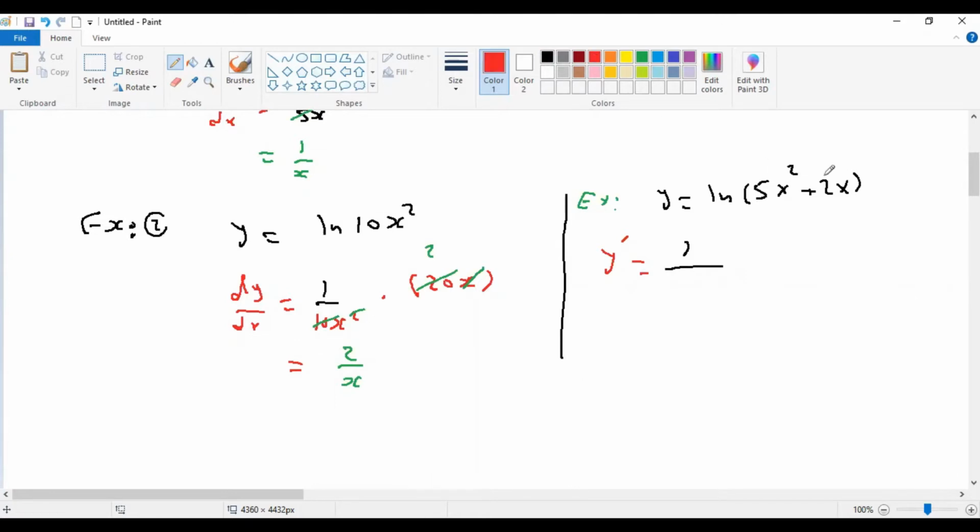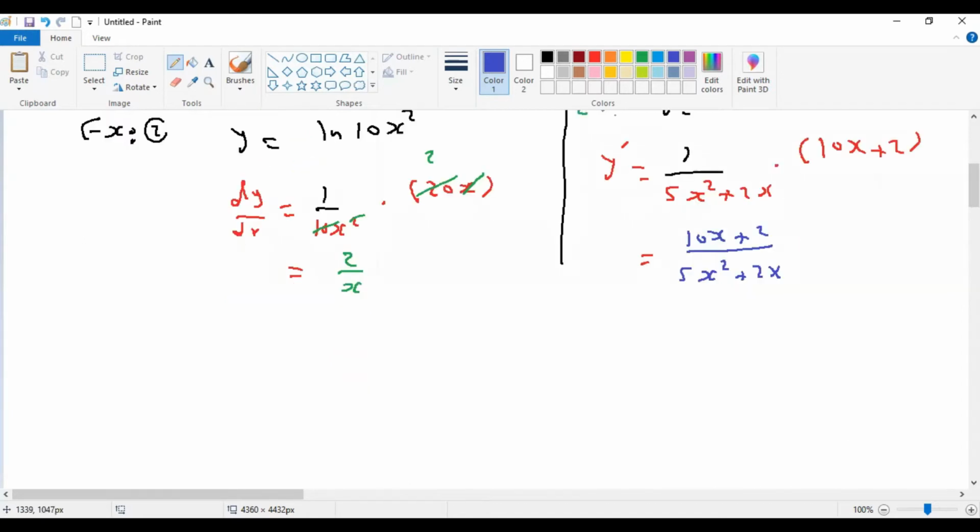What is the u now? The u is 5x squared plus 2x. So 1 over 5x squared plus 2x times the derivative. The derivative of 5x squared is 10x, plus the derivative of 2x, which is 2. So this can be written as 10x plus 2 over 5x squared plus 2x.